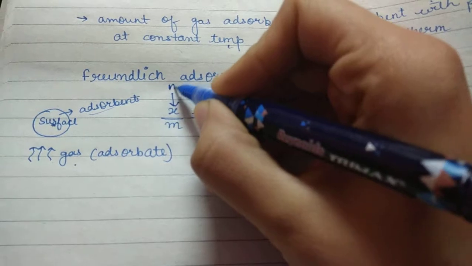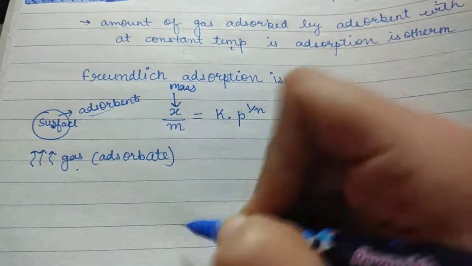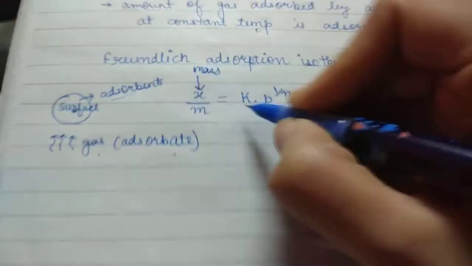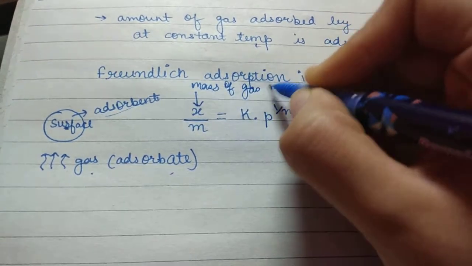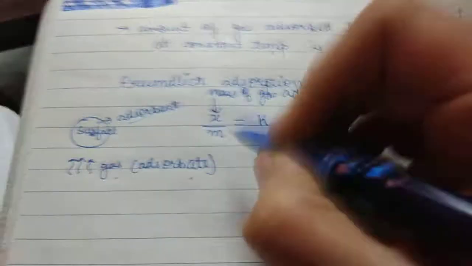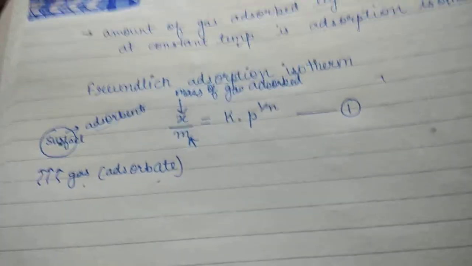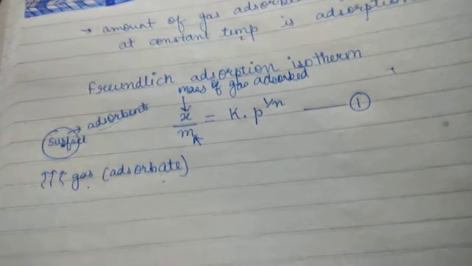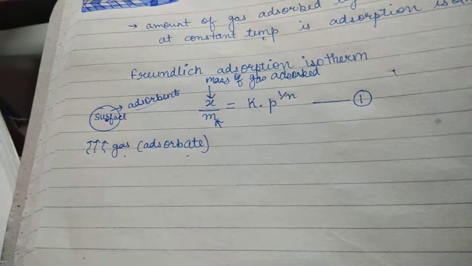So x is the mass of gas adsorbed, and m is the mass of adsorbent, right? So mass of gas upon mass of surface, just to remember.